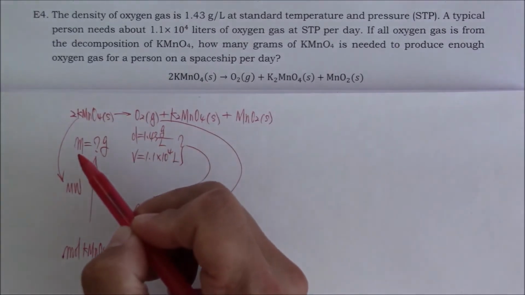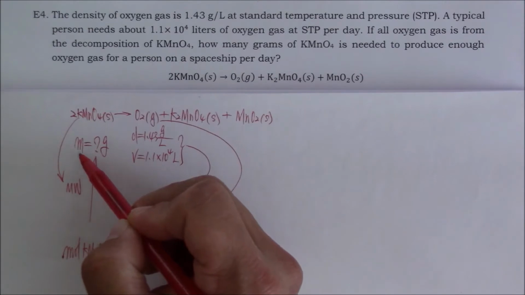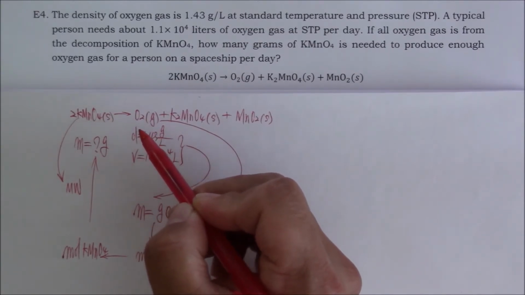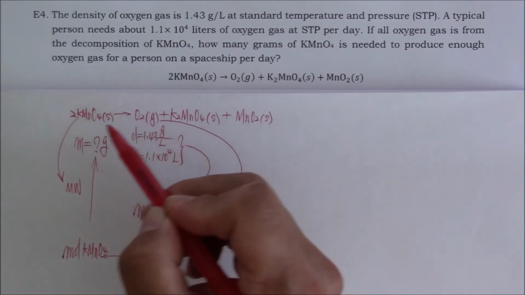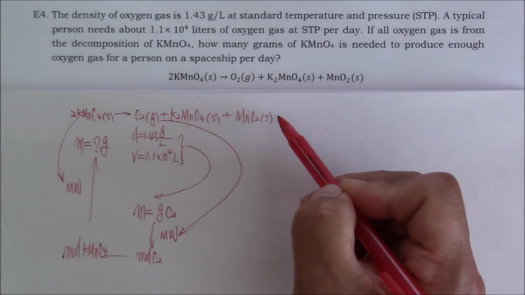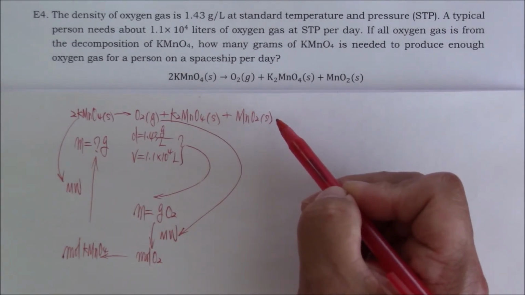You're looking for the information of another chemical, and both chemicals are related by the balanced chemical equation. Pretty much, stoichiometry has to be part of your solution. That's stoichiometry, or stoichiometry is part of your solution.